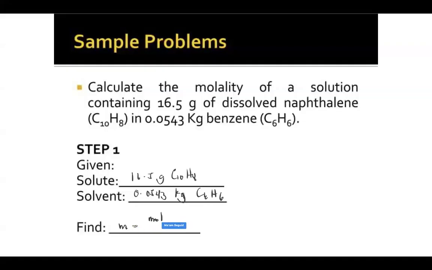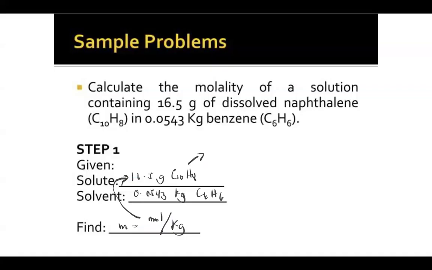All right. Now we have to find the molality in small letter m, and we can get that by dividing the mole of the substance all over the kilogram of the solvent. Now, we cannot directly input the 16.5 grams here because it's in grams and we need to convert that first into moles. So first is to get the molar mass of C10H8. What's the molar mass?